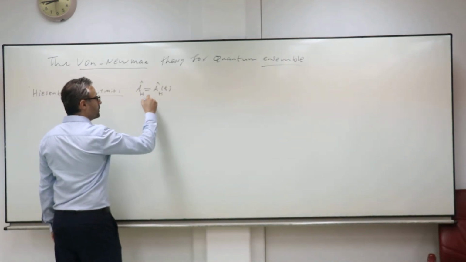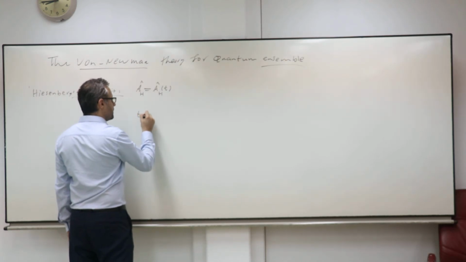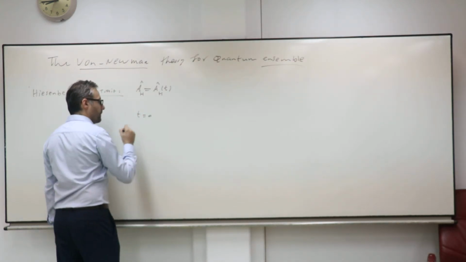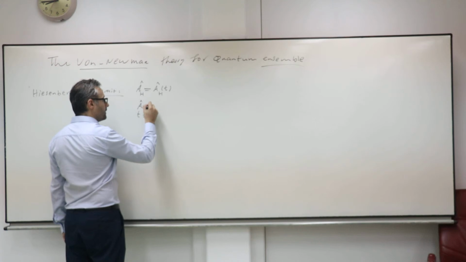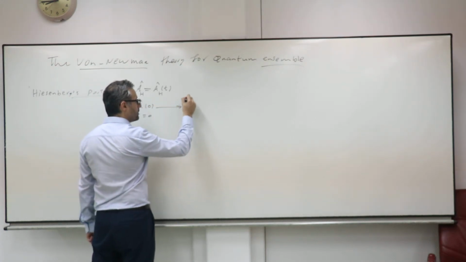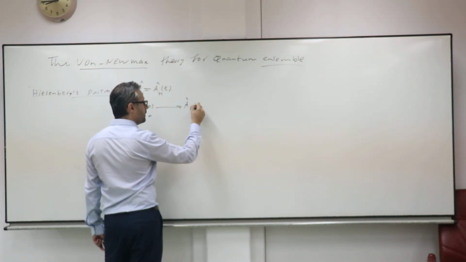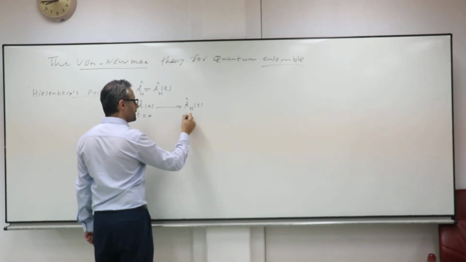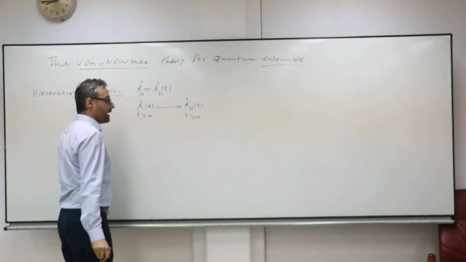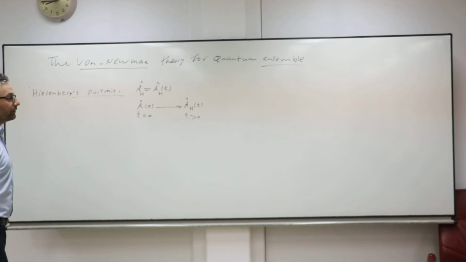So if this is time 0, and you have the operator at time 0, the first question in classical mechanics or any other dynamical theory is: when time t has passed, what's the form of the operator?